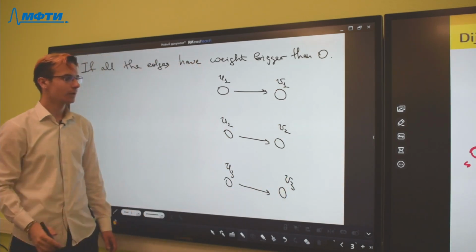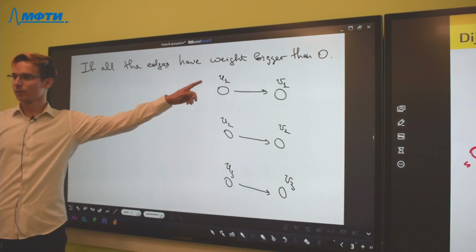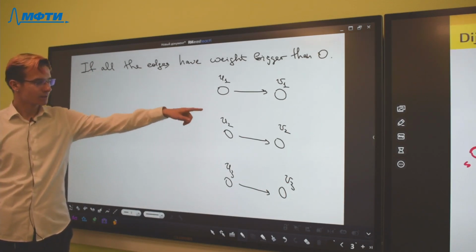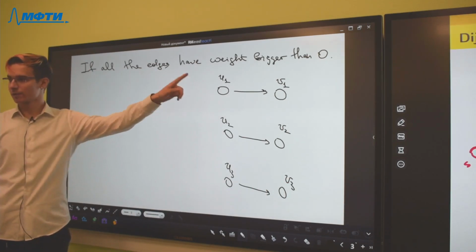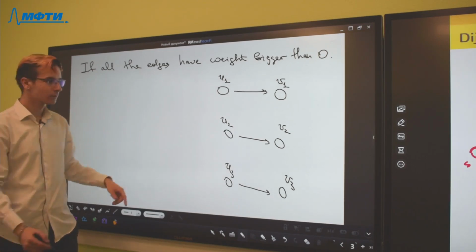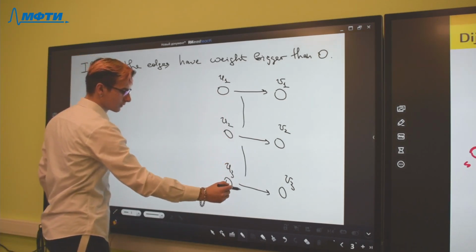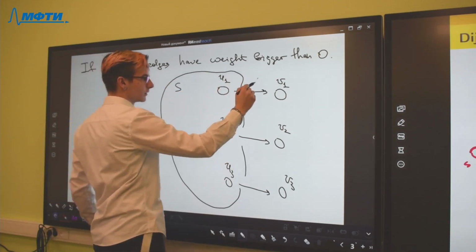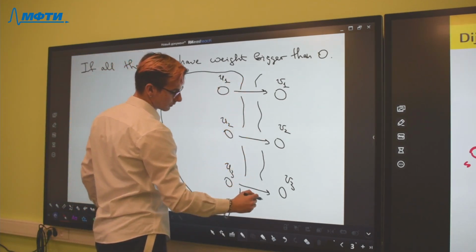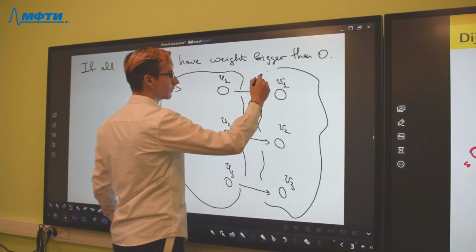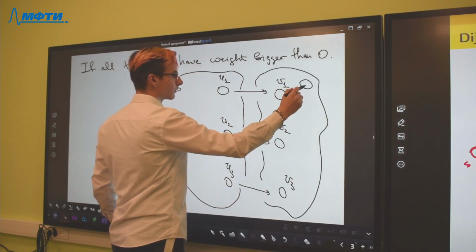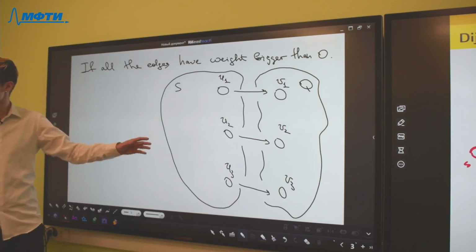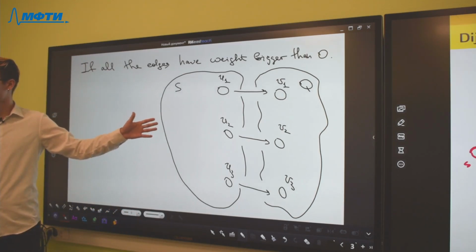And we have no other edges between the set of vertices S and the set of vertices Q. Okay? It is S and it is Q. S, Q is a cut in the network.